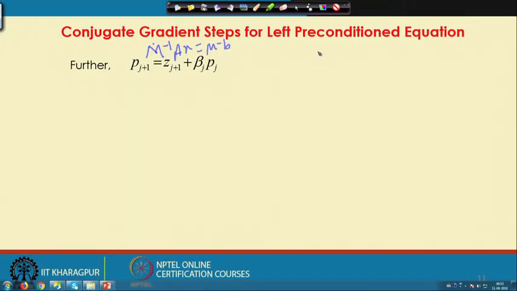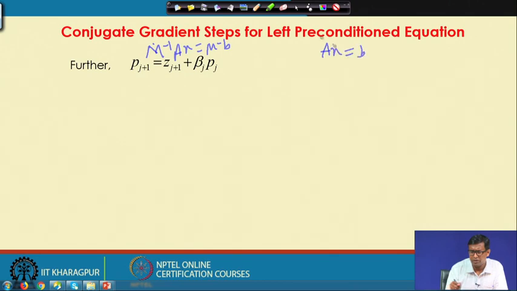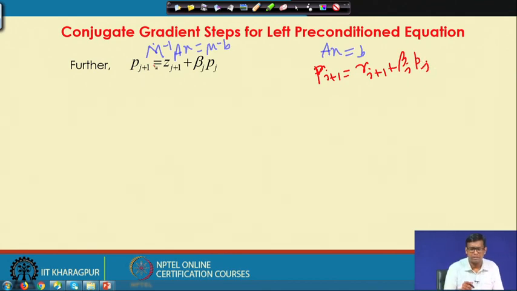For A x equal to b, the relation was p j plus 1 is equal to R j plus 1 plus beta j p j. So, for the M inverse A x system, this will be p j plus 1 is equal to z j plus 1 plus beta j p j.